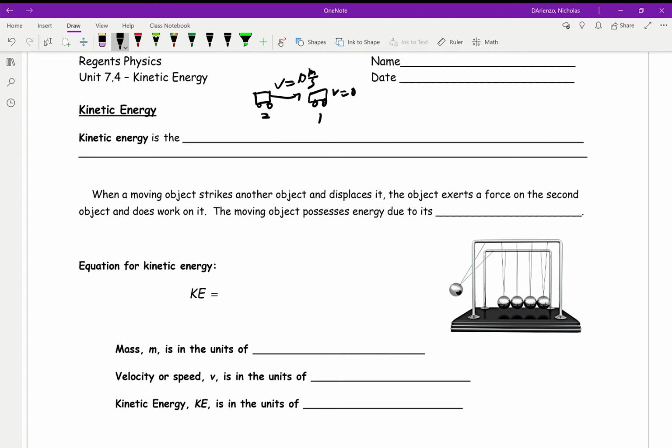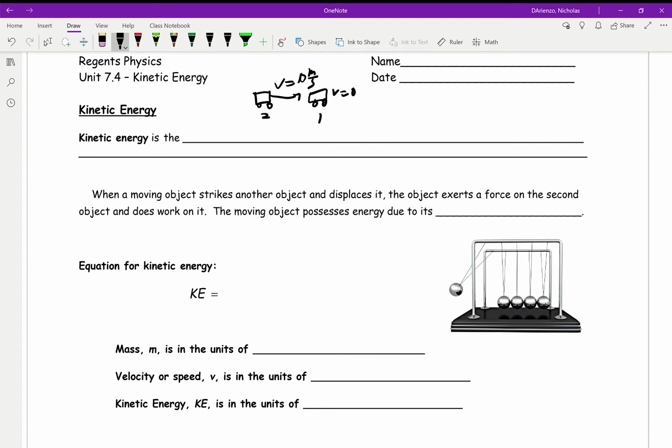When 2 strikes 1, which is not moving, work has to be done on car number 1 as long as number 1 moves when 2 collides with it. And some of the kinetic energy that number 2 is moving with is going to be transferred into car number 1.